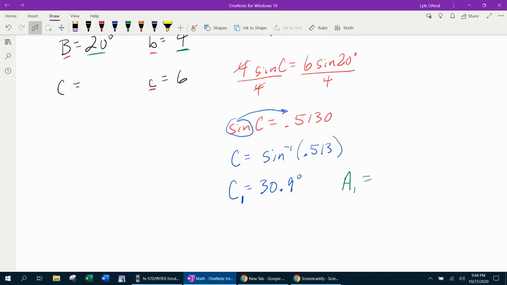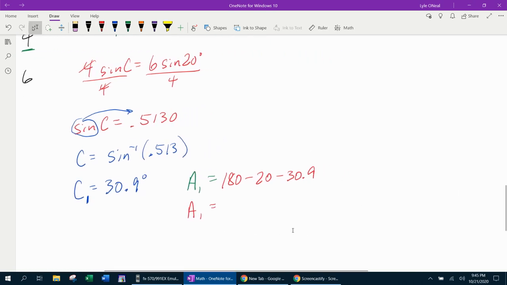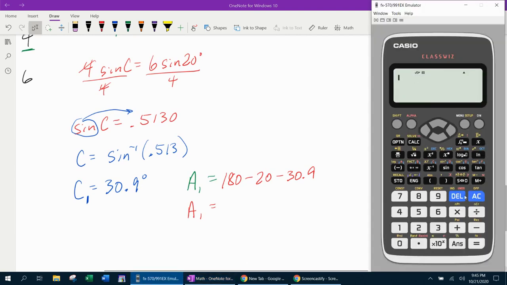And so the angle A1 would have to be 180 minus the other 2 angles given. And so A1 would be, let me slide this over some so it's not in the way of my calculator, 180 minus 20 minus 30.9 equals 129.1.